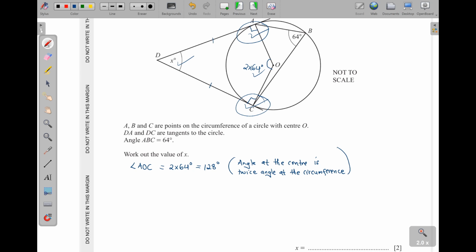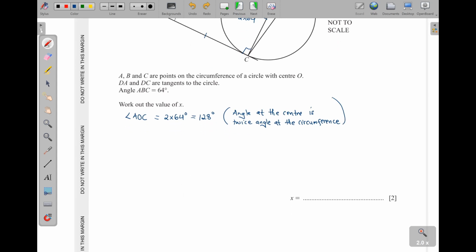So we are remaining with 180 to make 360, right? So that means this x here plus this angle here should give you 180. So we don't need to waste time. We just say that x is going to be equal to 180 minus the 128. This one will give us 52.